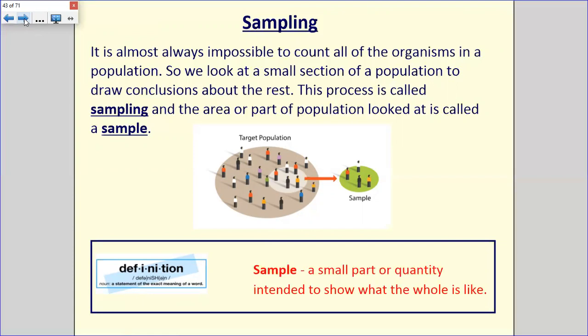And they're sampling the population. They're asking people's opinions on a particular product, usually. And then they draw conclusions. They don't speak to absolutely everybody in the country, do they? But they'll speak to a sample and then draw conclusions from that sample. So in a similar way, scientists sample and are then able to draw conclusions on the whole population.